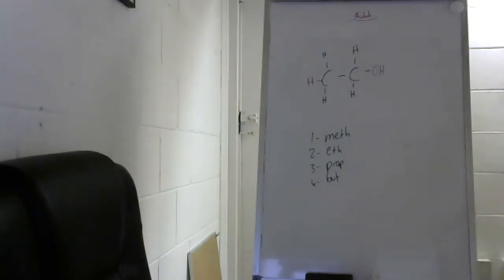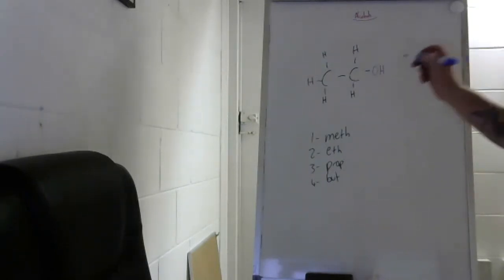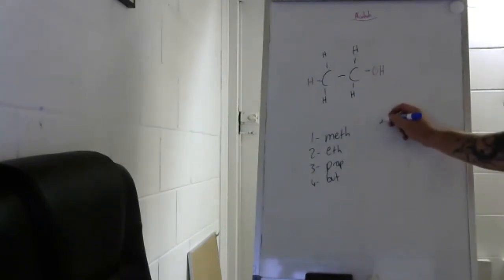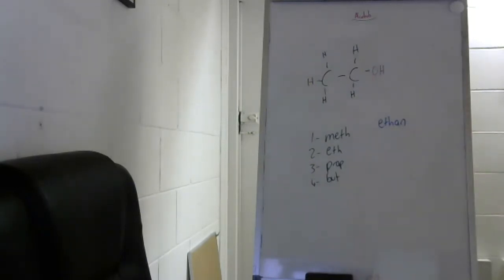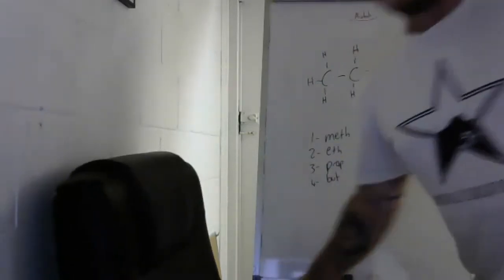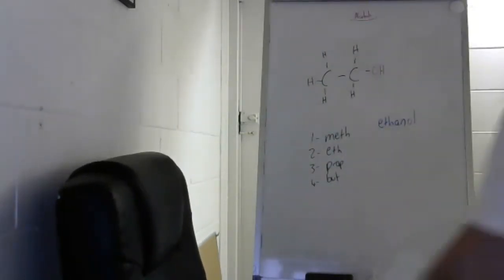So when we name an alcohol, we find out how many carbons it has. So it's not just an alkane, so it's not ethane. We just take the e off the end and we make it ethanol. When we're naming alcohols, I wish it was as simple as you just stick an ol on the end.